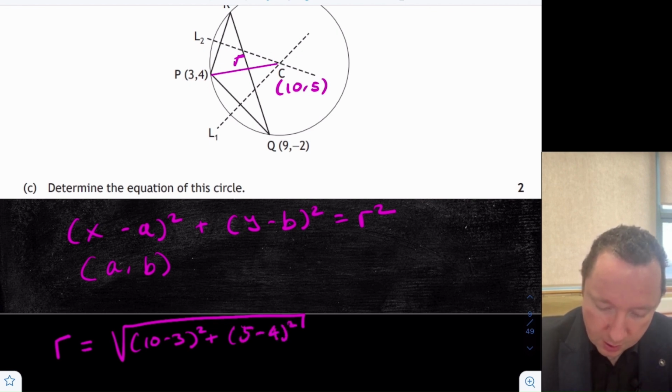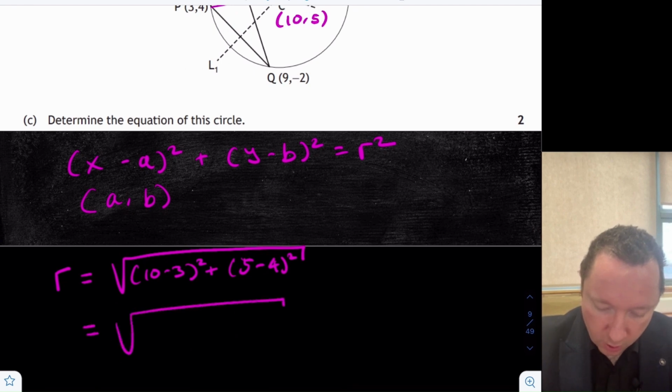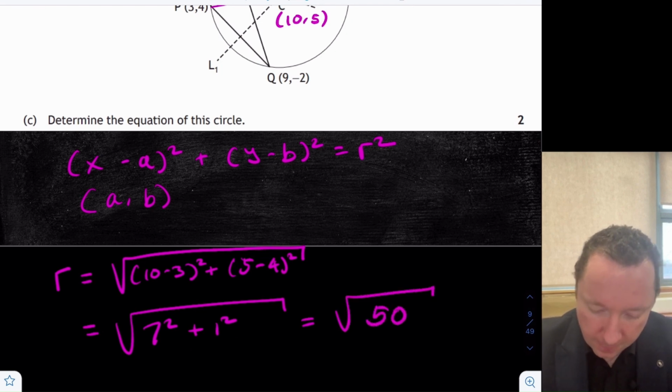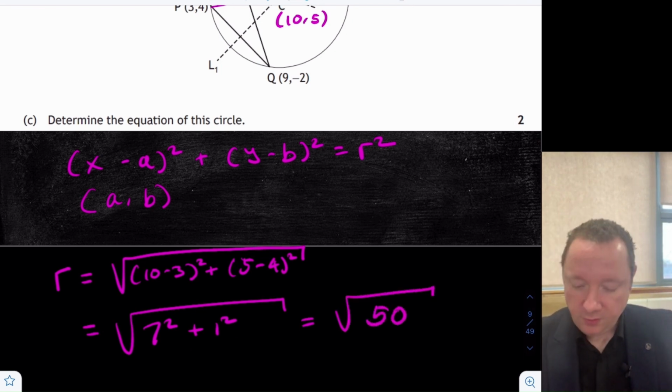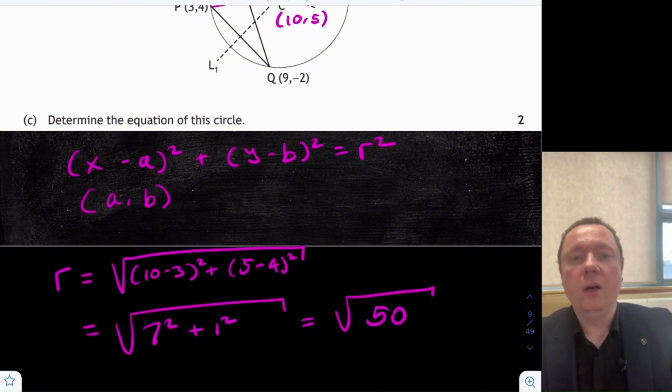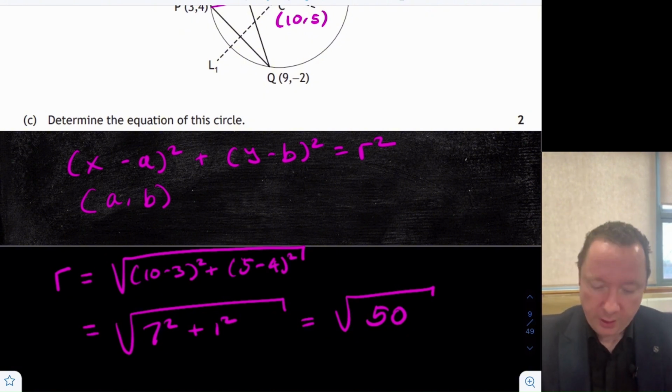So that equals the square root of 7 squared plus 1 squared, which is the square root of 50. 49 plus 1 is 50. Now, we'd simplify that normally, but we're going to square it back up anyway because we need r squared.